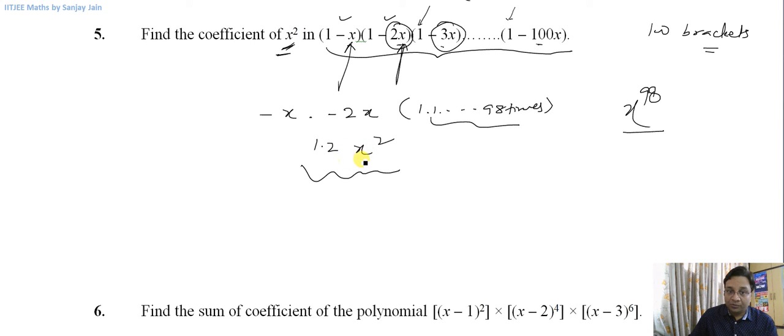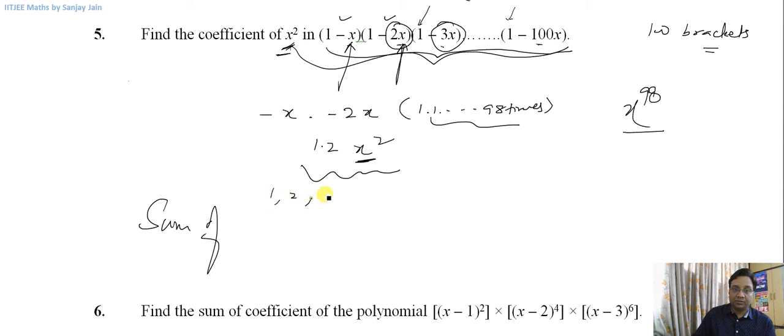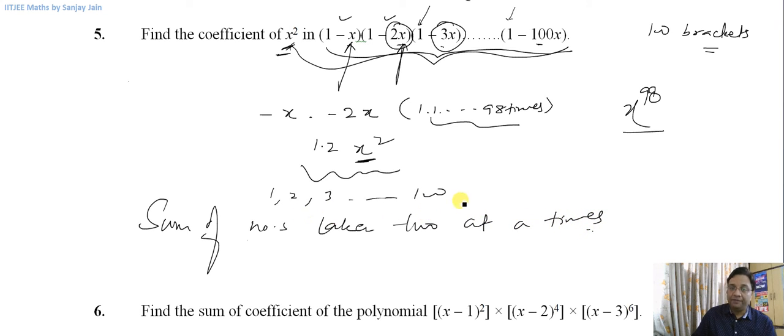Because the coefficient of x square in this expression will be nothing but, if I say that I've got numbers 1, 2, 3 up to 100, the sum of numbers taken two at a time, which is every possible combination, that is 1 into 2, 1 into 3, right, 1 into 4, or 2 into 3, 2 into 4, every possible combination of these numbers taken two at a time will be the answer of this question.